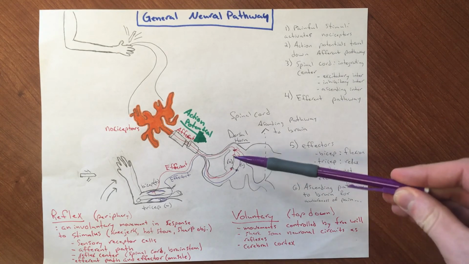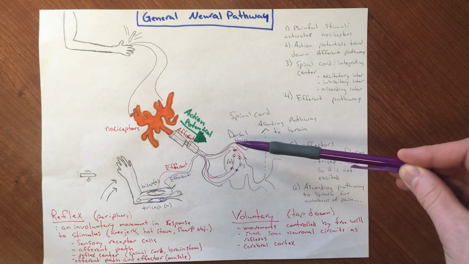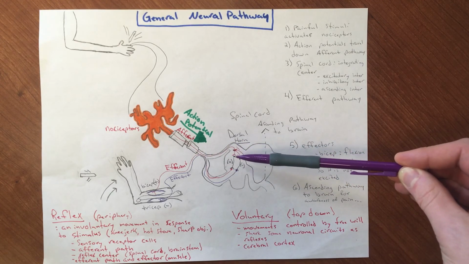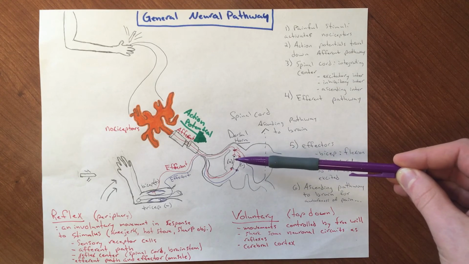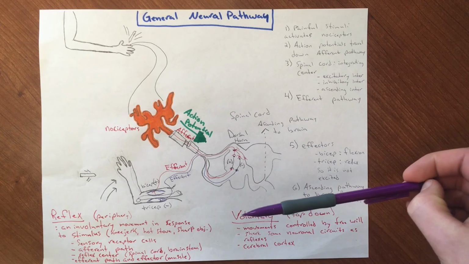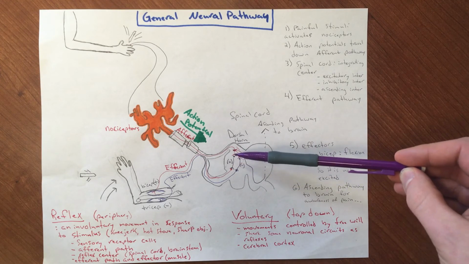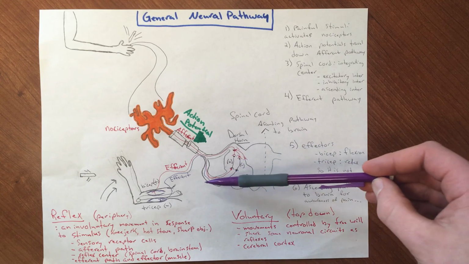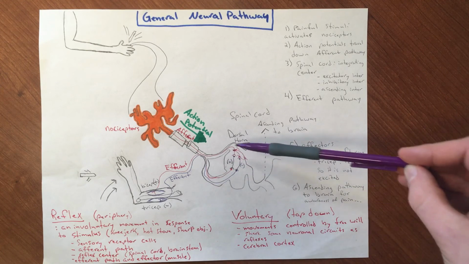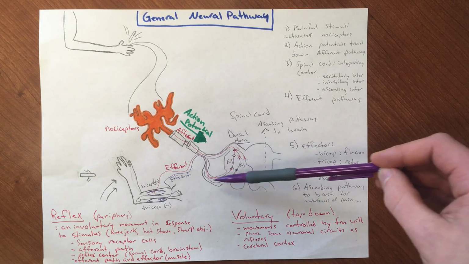But in the spinal cord, after this afferent pathway comes in the dorsal horn and synapses with the excitatory interneuron and the inhibitory interneuron, you have this information being sent out the front of the spinal cord. So it comes in the back, which is called the dorsal horn, and is sent out the front in an efferent pathway.